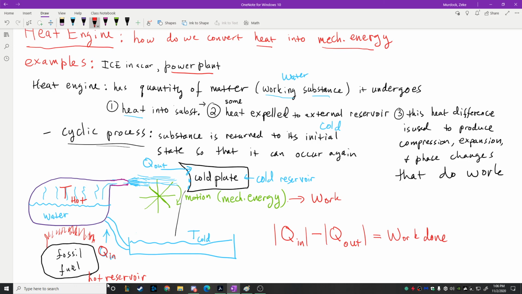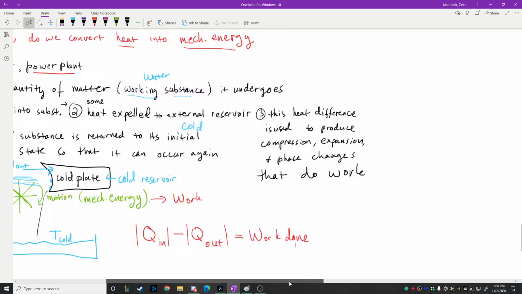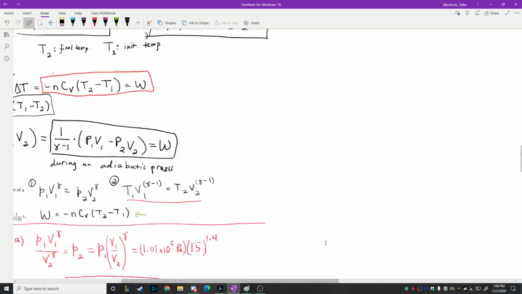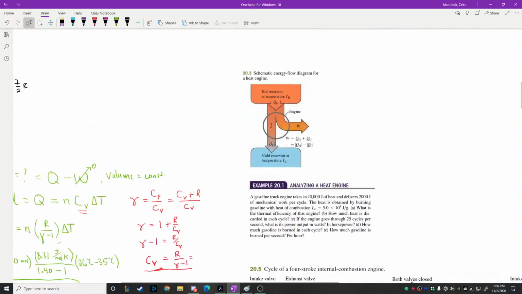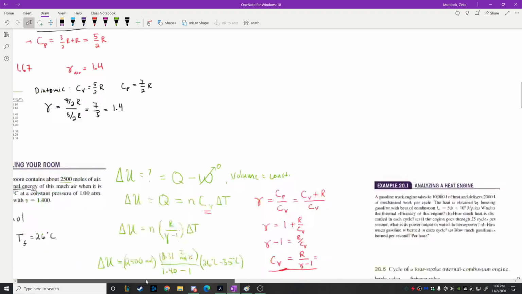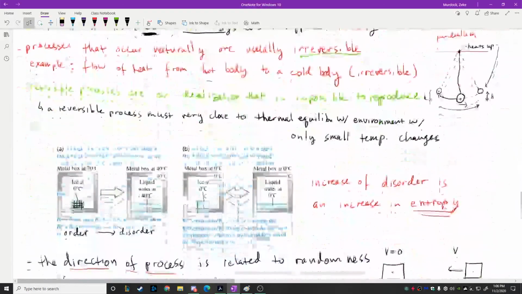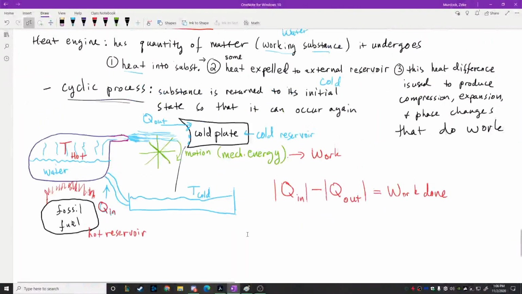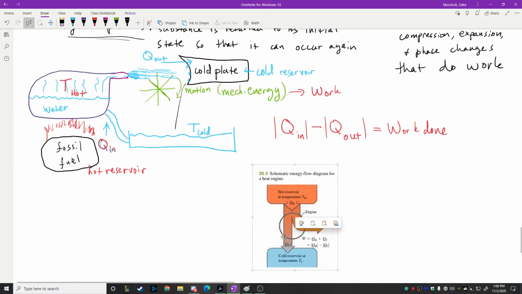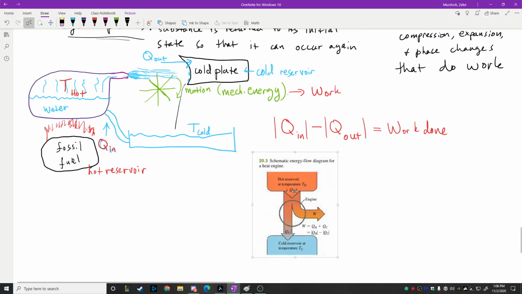All right. The book, of course, has some nice diagrams, and I can pull that diagram over here. If I can find it. So the book's diagram looks like this. This is a schematic.